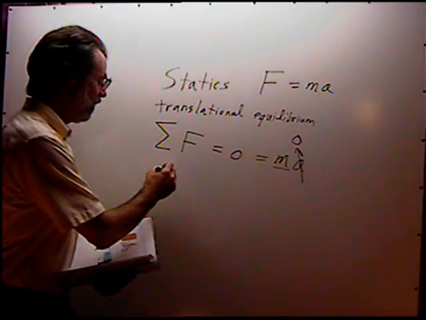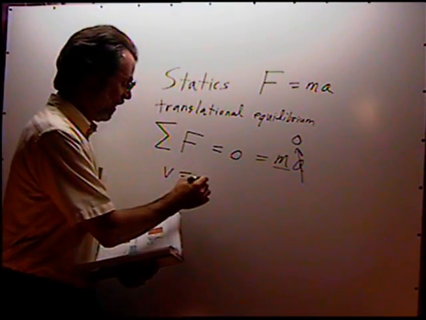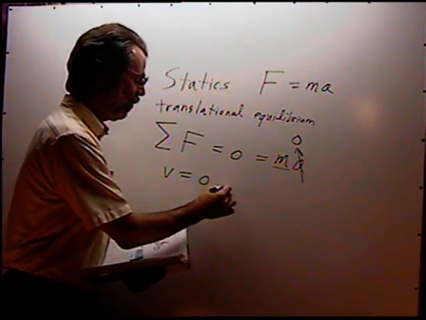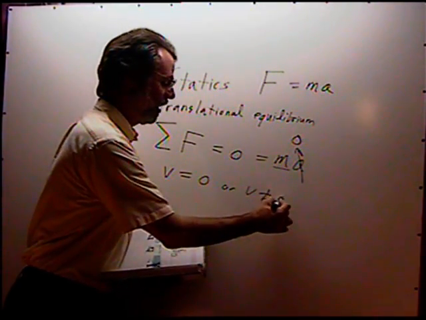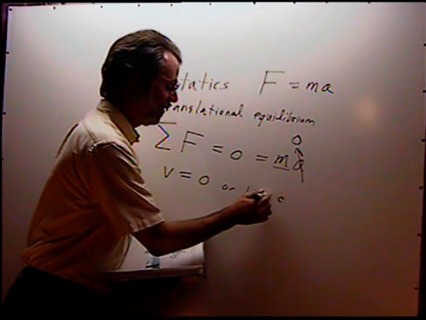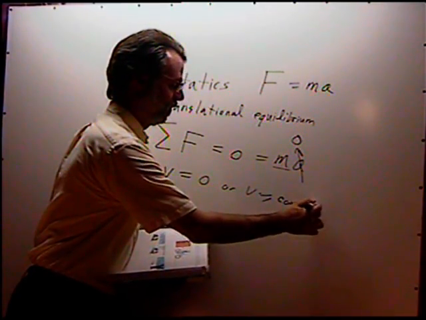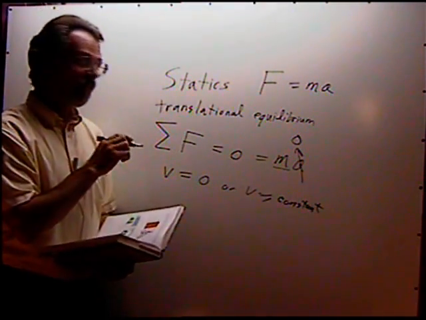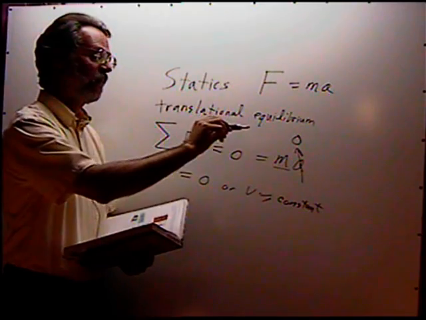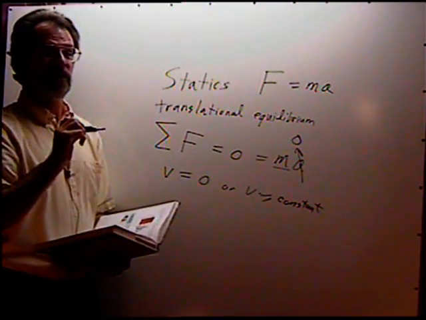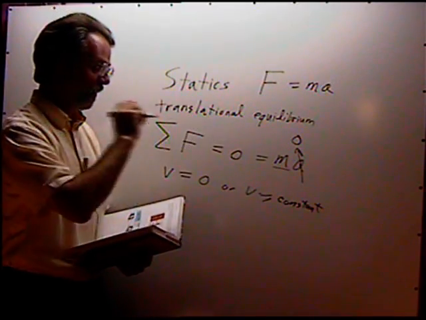Does it mean that the object's velocity is zero? No. We can have zero velocity, or the velocity could be some constant. Because from Newton's first law, an object moving at a constant speed has no net force on it, so its acceleration is zero, and it will continue moving at a constant speed.